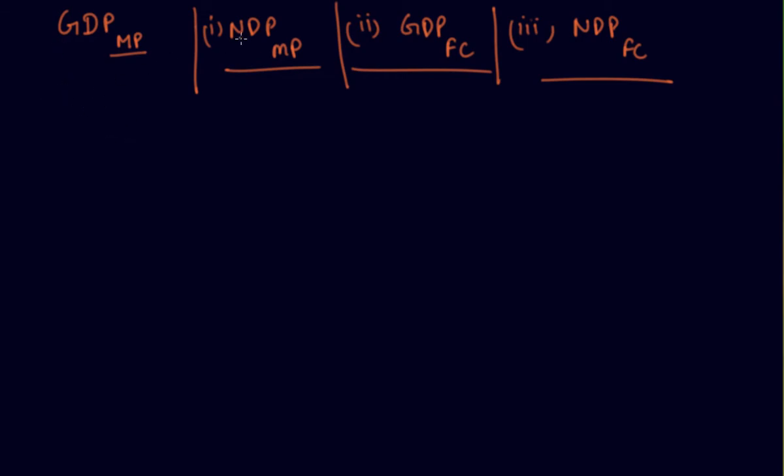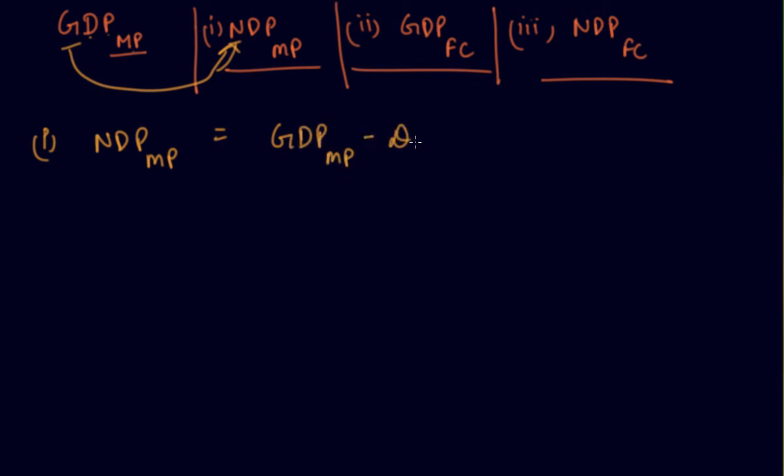See, in order to calculate number one, that is NDP at MP, you are given GDP at MP. So DP, domestic product, and market price are the same, only what difference you have to make is from G to N you have to convert, right? So in order to convert G to N, what you do, you subtract the depreciation, or you also call it as consumption of fixed capital, right?